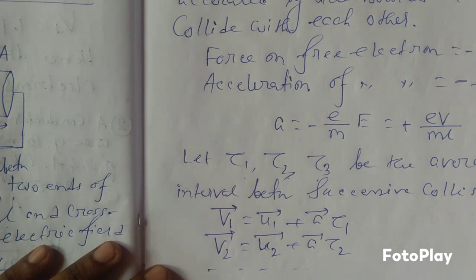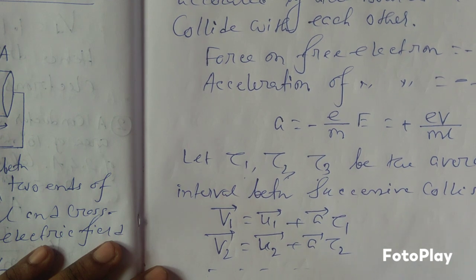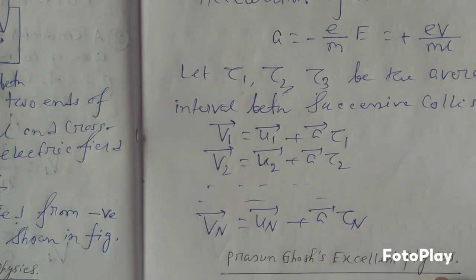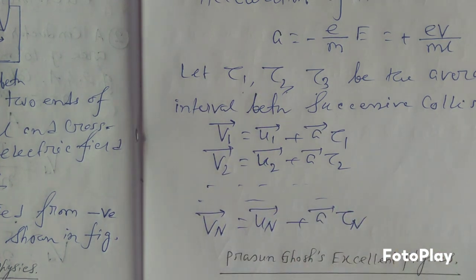If I consider Vn for the nth electron, then we get the value here.